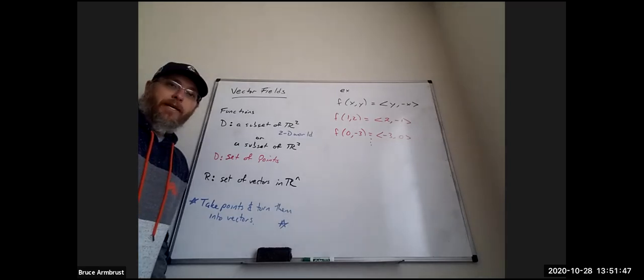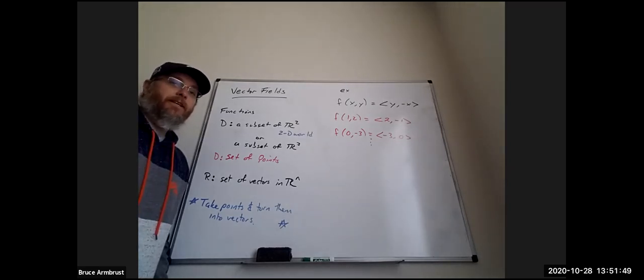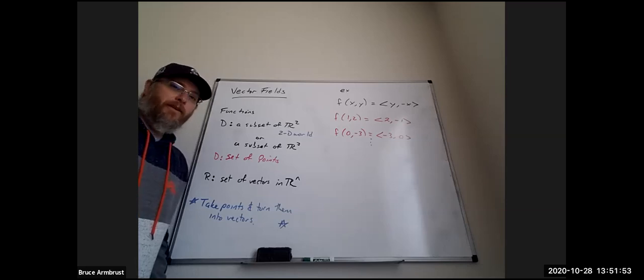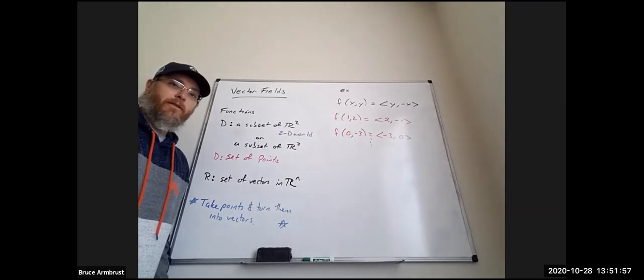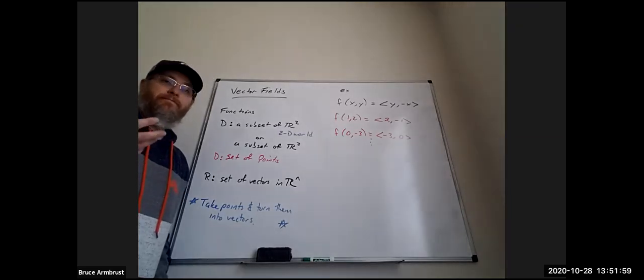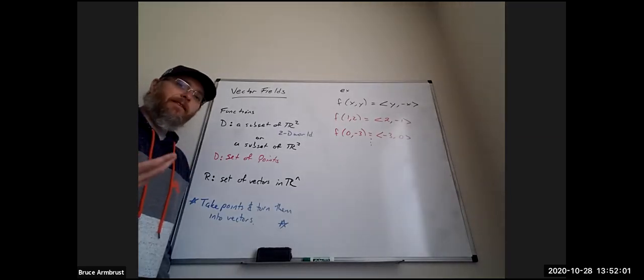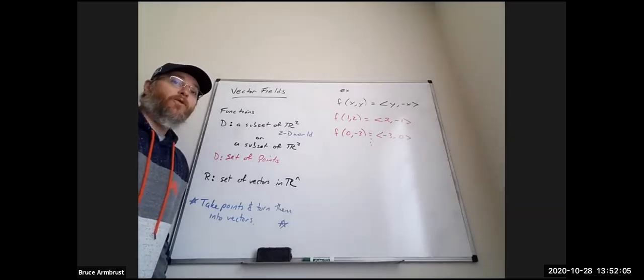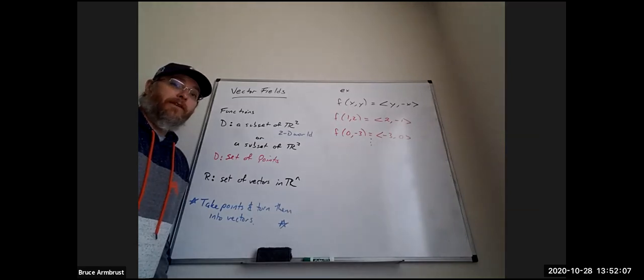Same thing with continuity. The function's going to be continuous if each one of those vector components is continuous, and so on and so forth. So that all kind of makes sense. But let's talk a little bit about the picture of these things. How do we graph a vector field? And what does that even mean?